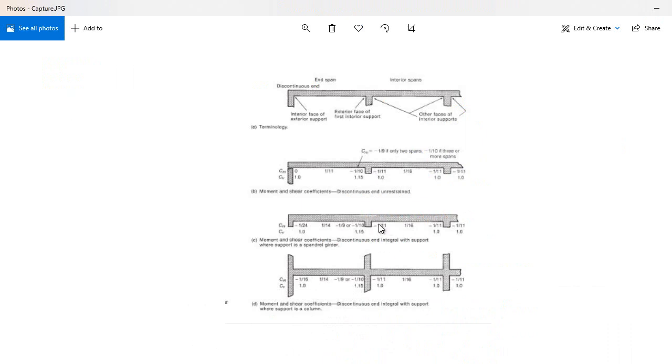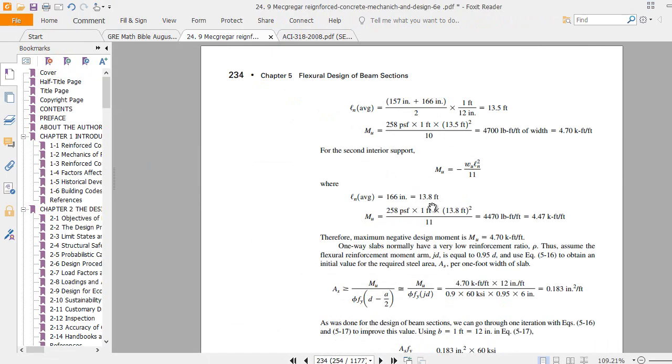This one is for the exterior face, but this is for an interior face. The purpose is to get the maximum moment, because negative moment is always greater than positive moment in a continuous beam or slab system. In that case ln average is 13.8, and we have a moment of 4.47, so this one governs. This is the maximum moment.